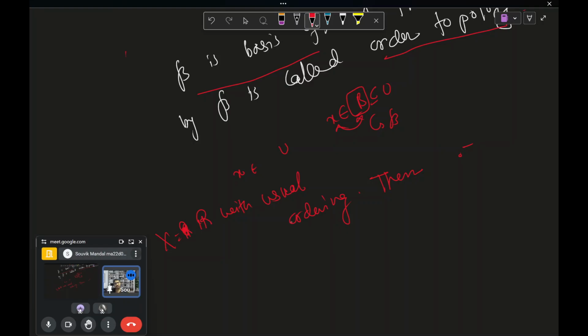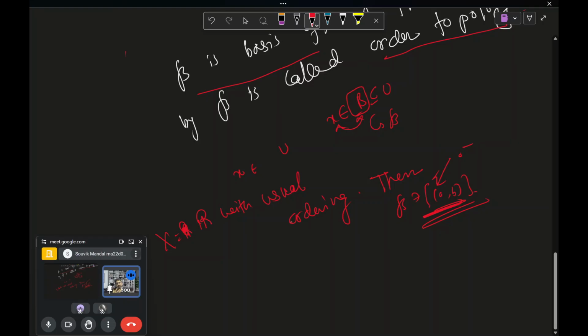So beta contains only elements of the form open (a, b), and the topology generated by this beta is called the order topology on R with the usual ordering. But this type of set is actually a basis for the usual topology. So on the real line, the order topology coincides with the usual topology.